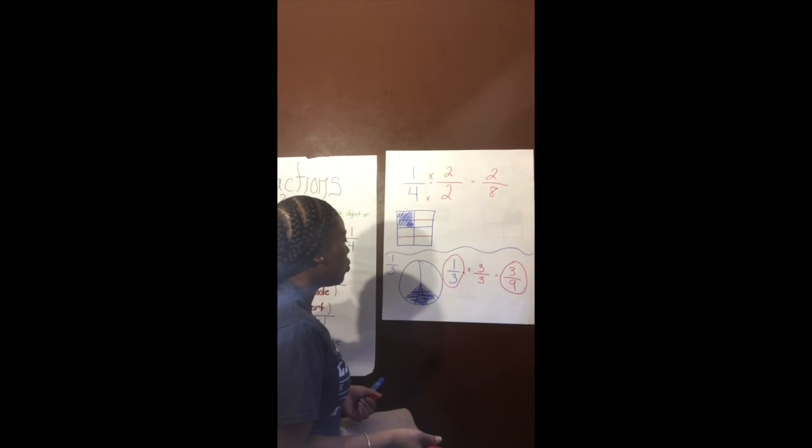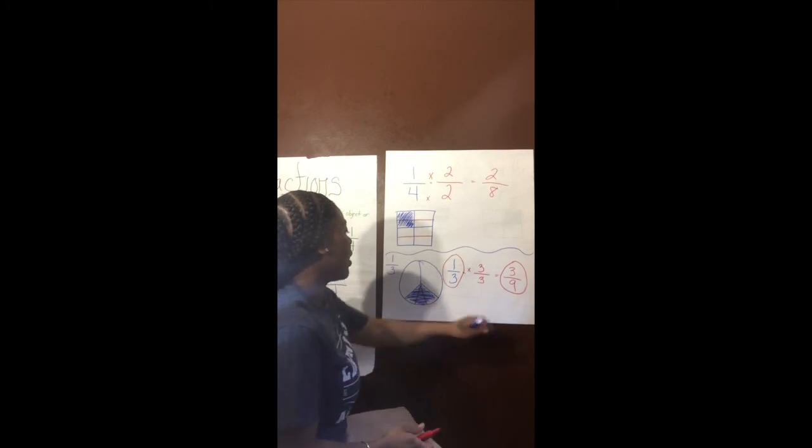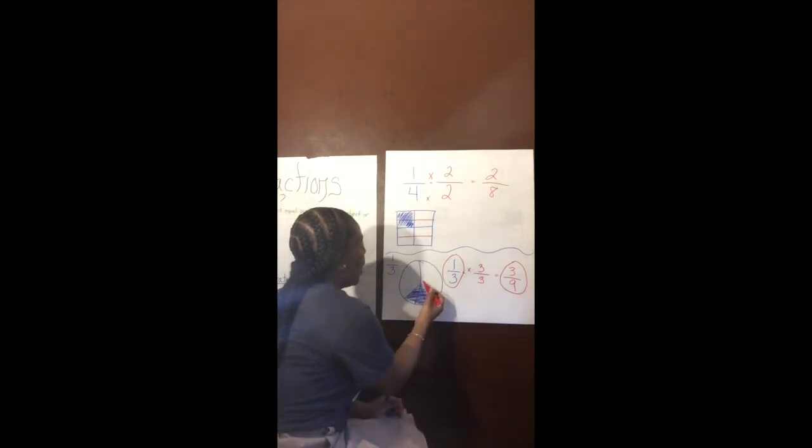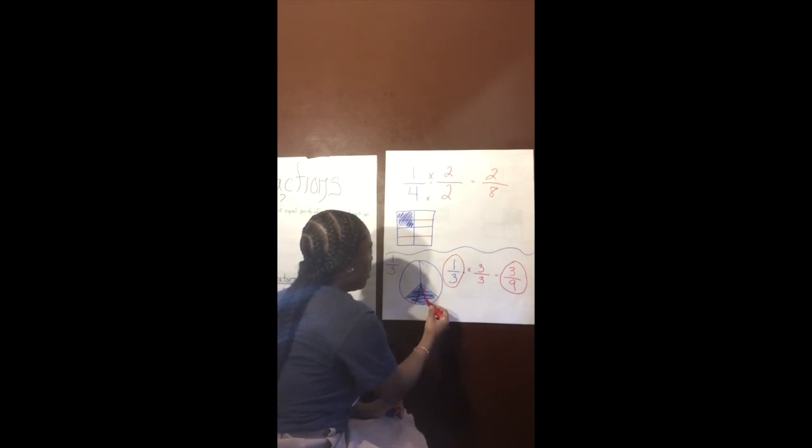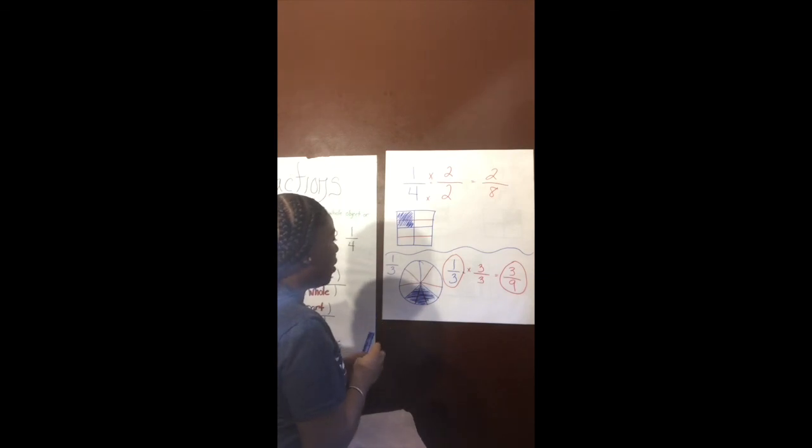Taking a look at our visual model, we went from thirds to ninths. So we're going to break each of the 3 pieces up into 3 pieces. And there you have it.